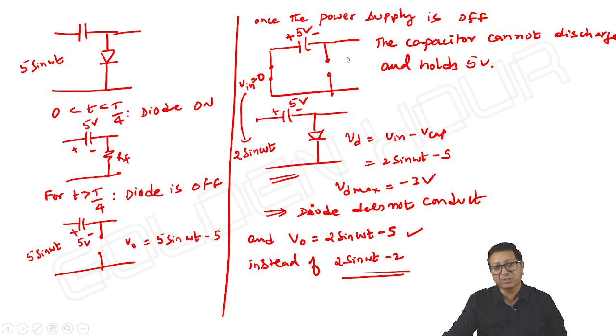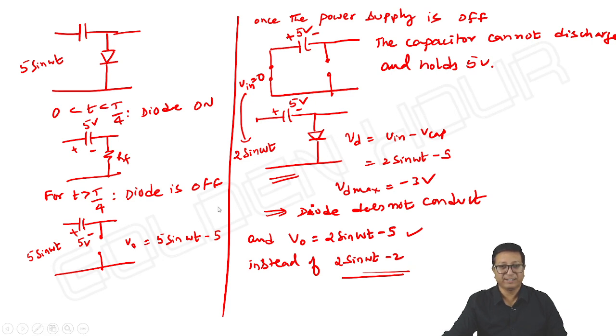There is scope for the diode to conduct, and the capacitor will charge up to 6, and the output is equal to 6 sin omega t minus 6. That is possible. But if the input is less than 5 sin omega t, then the diode never conducts, and there is no scope for the capacitor to charge further or discharge further.